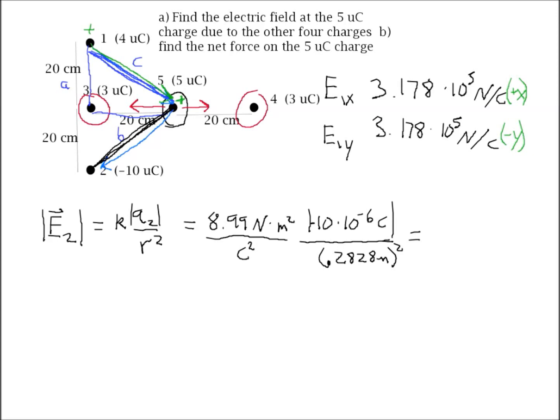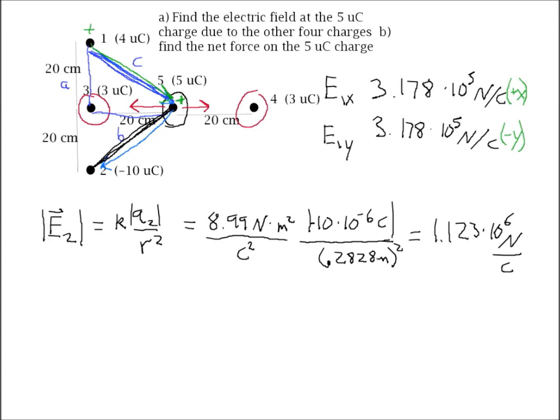So put that there. Once you multiply all of those things out in your calculator, you get that the magnitude of the electric field due to charge 2 is 1.123 times 10 to the 6 newtons per coulomb.